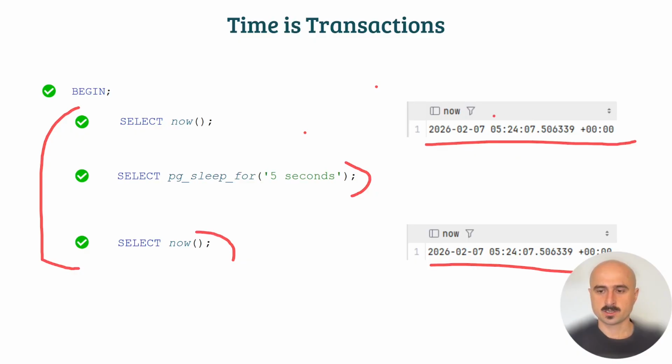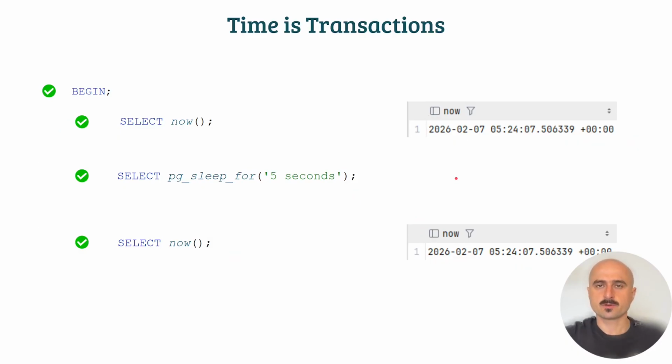As you can see here, those two values are exactly the same. So why is that? The reason is that time in transactions is frozen. It doesn't progress. Okay? And this is not a glitch. This is intended behavior.